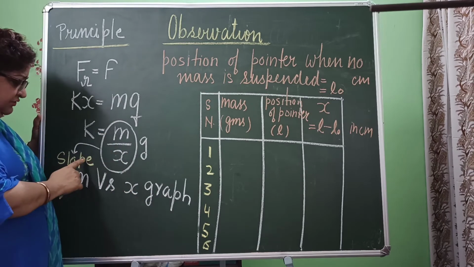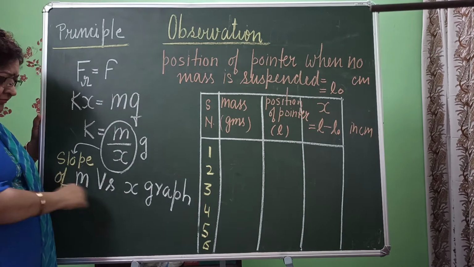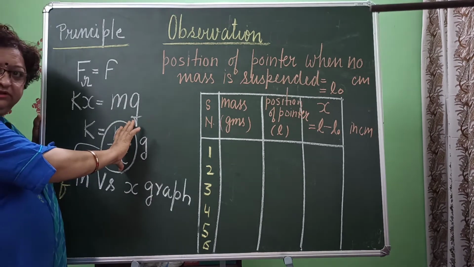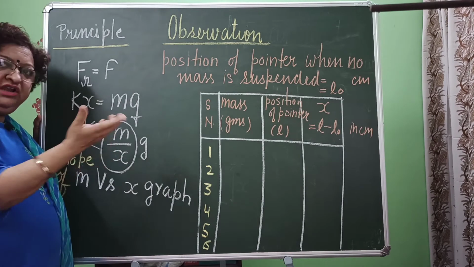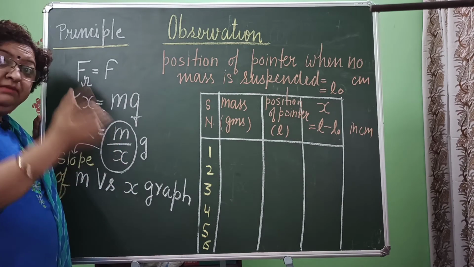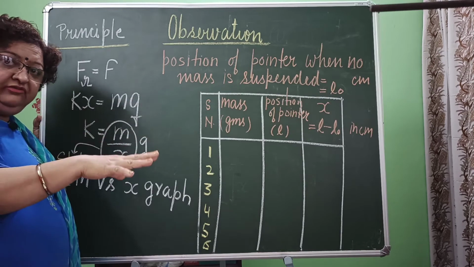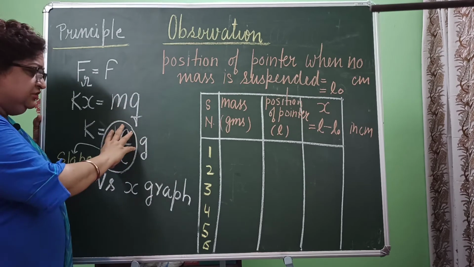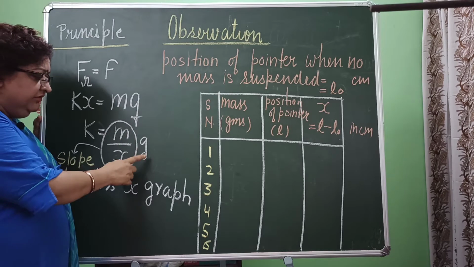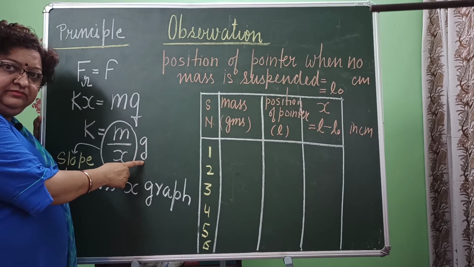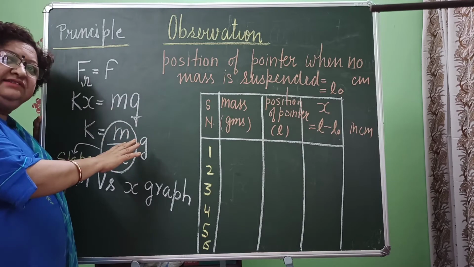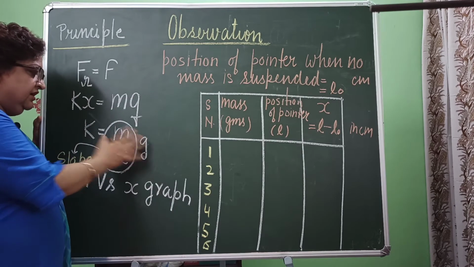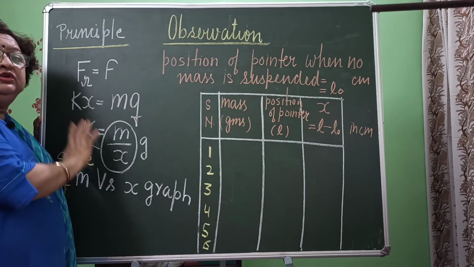The slope of the mass versus x graph is this m upon x. From the graph, we will take this m upon x value by calculating the slope of the graph, and then we will substitute it here. We will write the value of g here. All the units we will place in SI units, and then the product will give us the force constant.